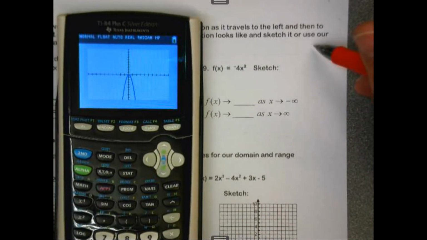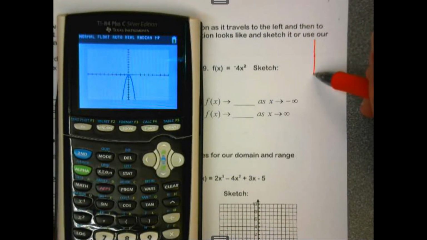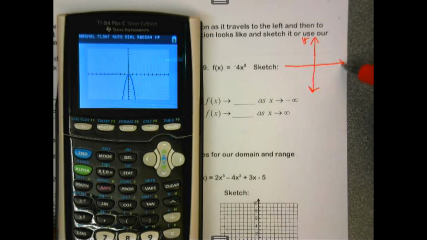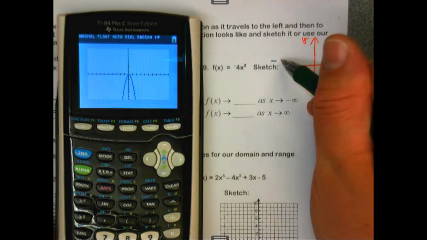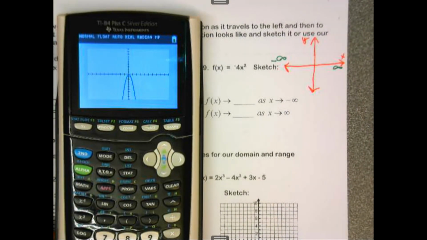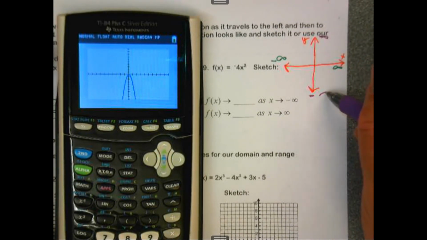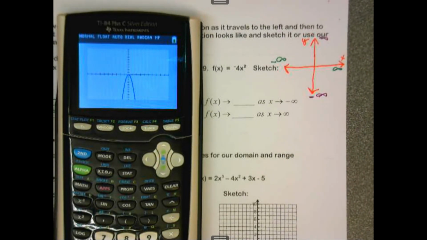Going to do a rough sketch here. My y-axis. Here's my x-axis. This is positive infinity for my x, negative infinity for my x, positive infinity for my y, negative infinity for my y.